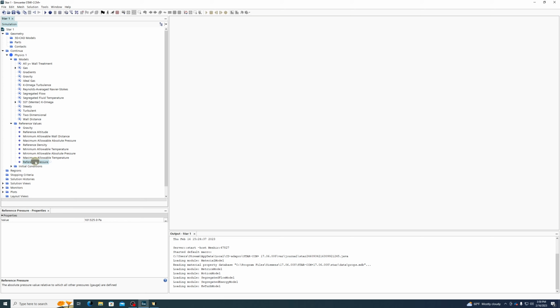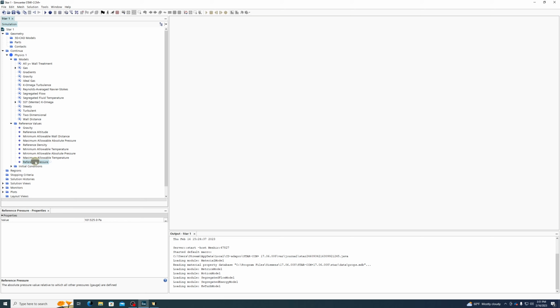If it says pressure is negative 1,000, that means the pressure is 100,325 pascals with this reference value. That is important. Remember that.